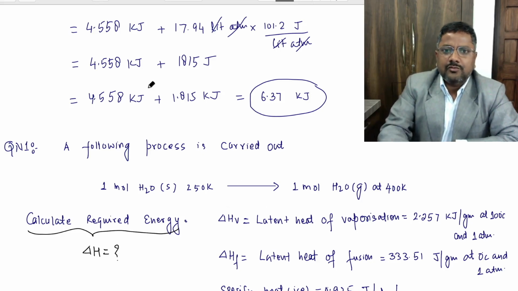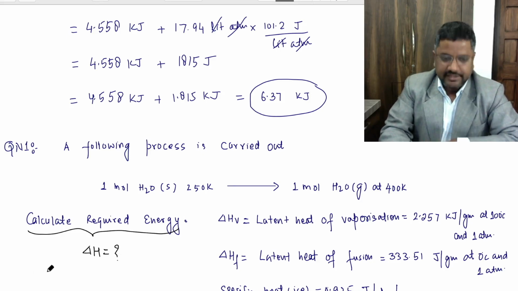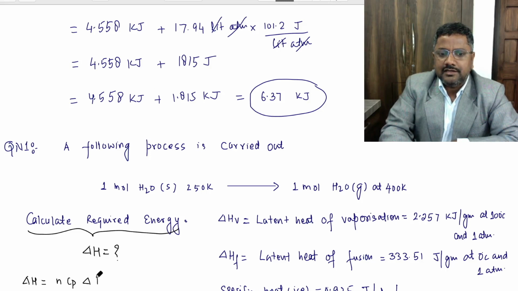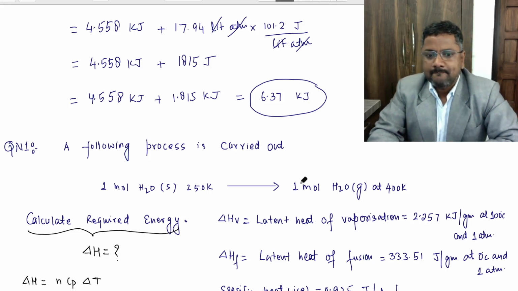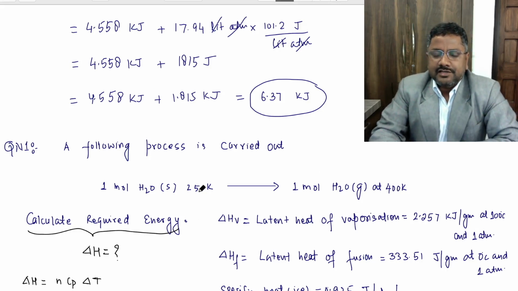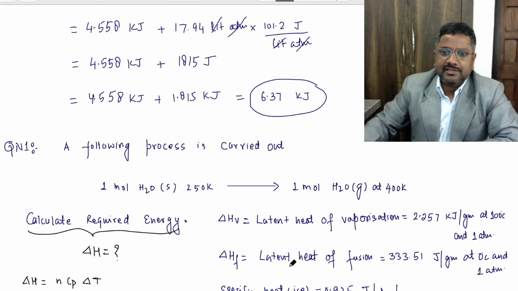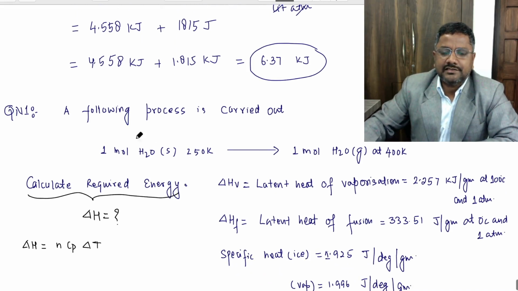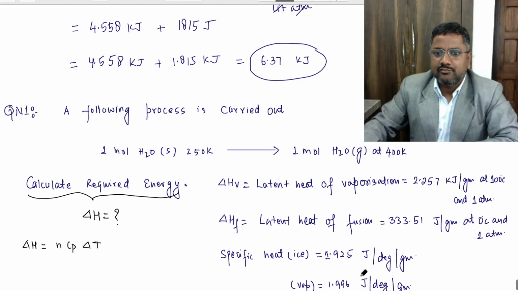All of you know, as in the above cases, delta H is equal to nCP delta T. Here the initial and final temperatures are given, and the specific heats of ice and vapor are both given.